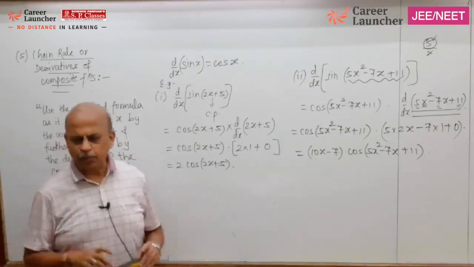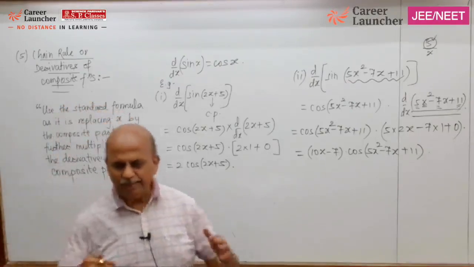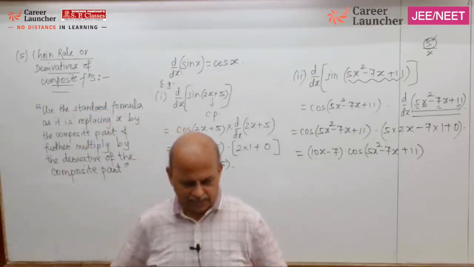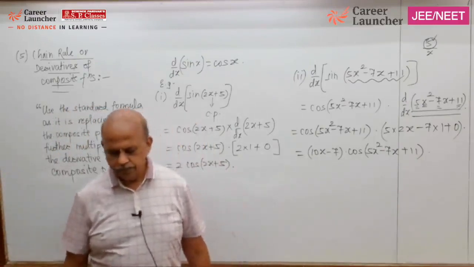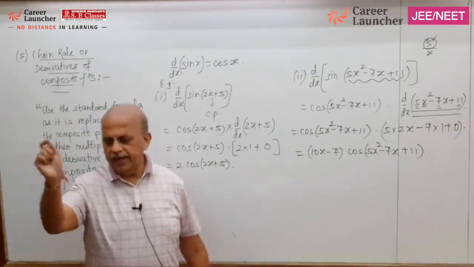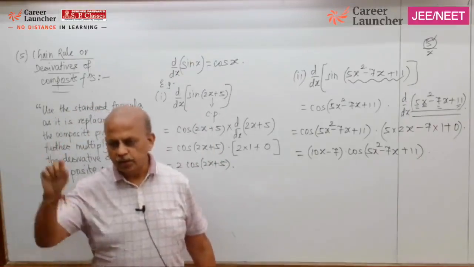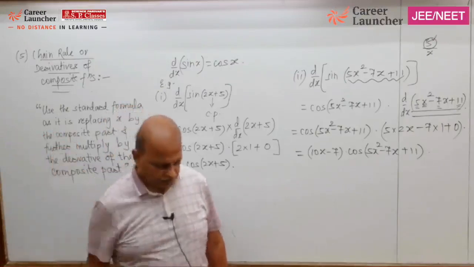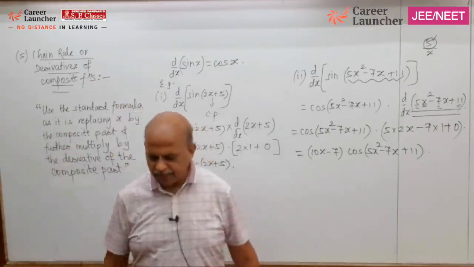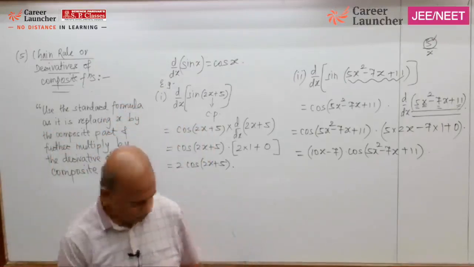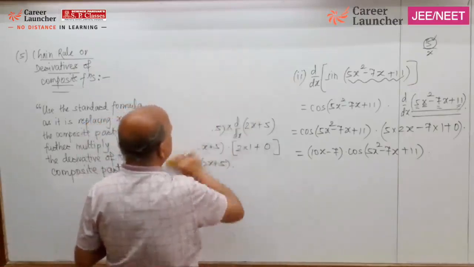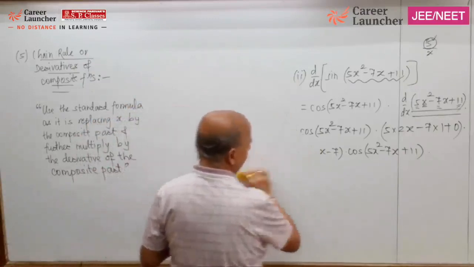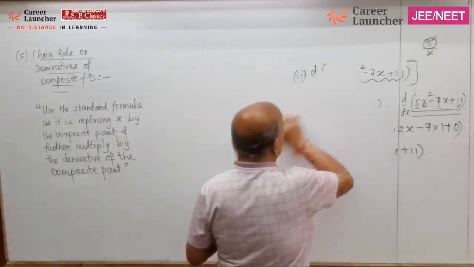We are going type wise, and that is why type wise you have to say 1, 2, 3, 4, 5, 6. Getting it or not? Come on, give the heading now. You can say type number 1: problems based on chain rule.